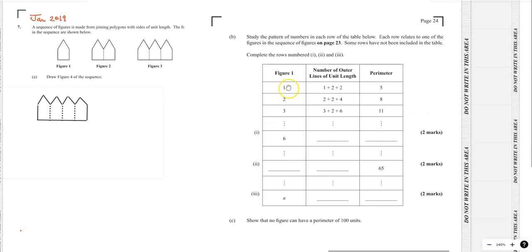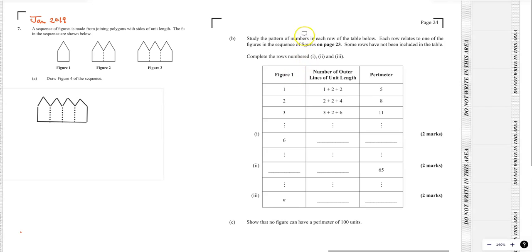In part B you are required to study the pattern in each row of the table, and each row relates to one of the figures in the sequence on this page. Some rows have not been included in the table, so you are required to complete the rows numbered 1, 2, and 3.